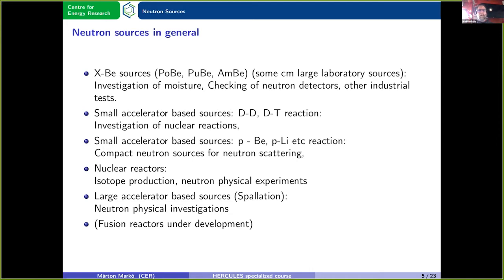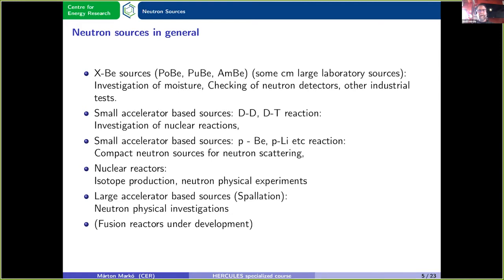There are also small accelerator-based sources that use mostly protons to excite beryllium or lithium, and in the same way as the handy sources, the beryllium or lithium emits neutrons. They can be used as a compact neutron source for neutron scattering.